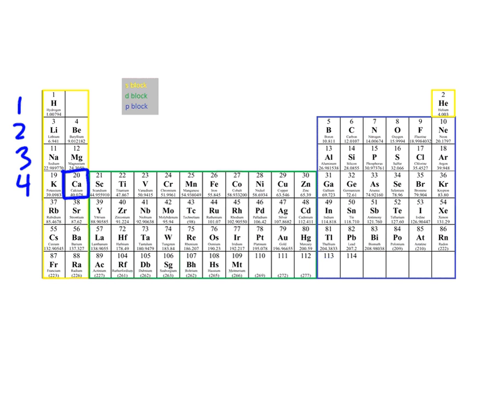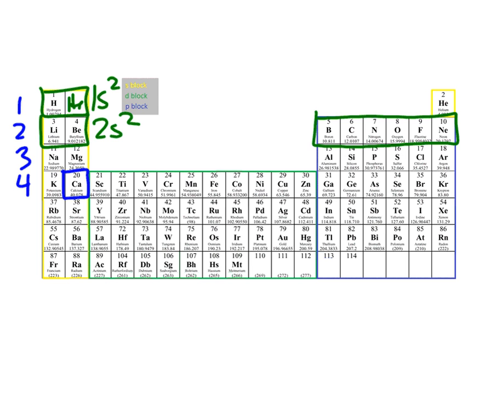Let's take a look at our orbitals. This right here, which I'd consider helium, is 1s2. This one right here, 2s2. 2p6. 3s2. 3p6.